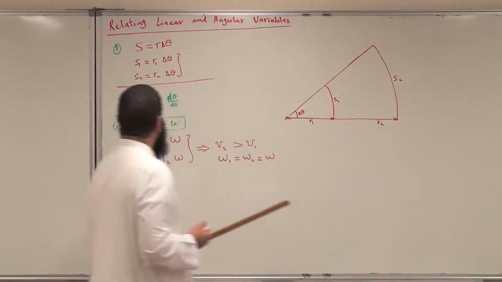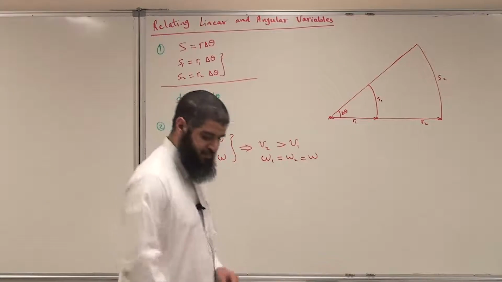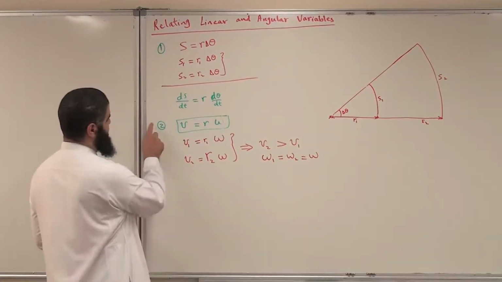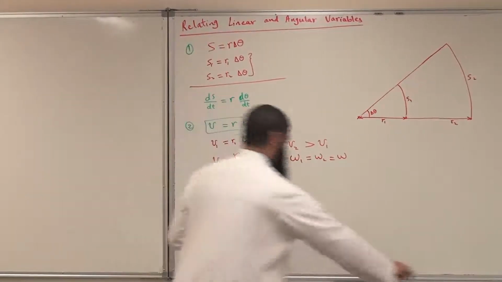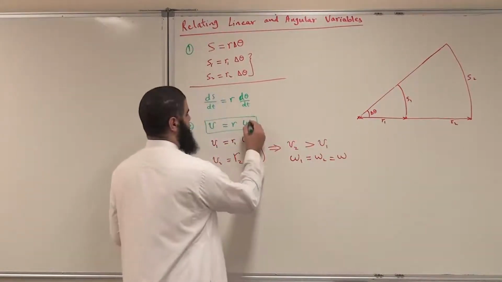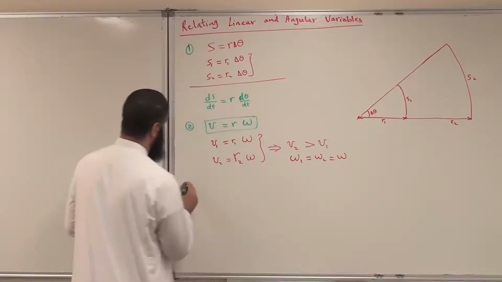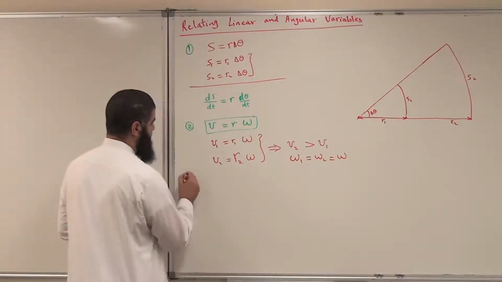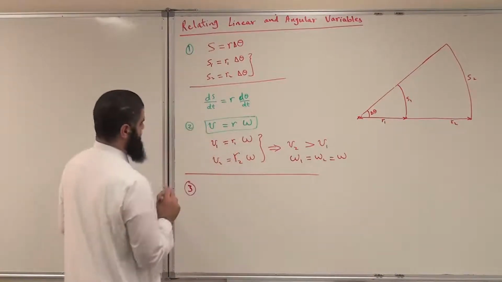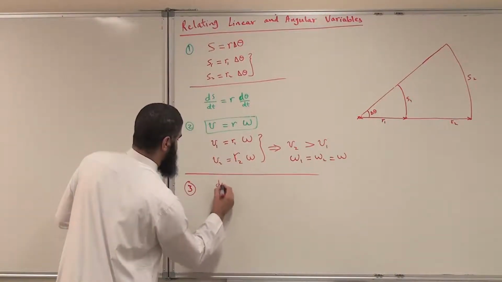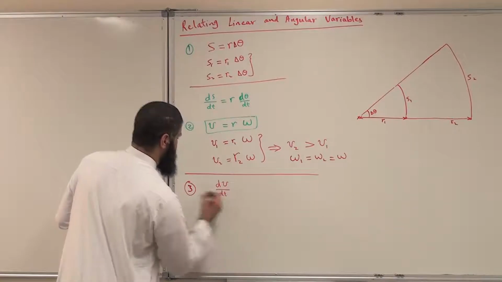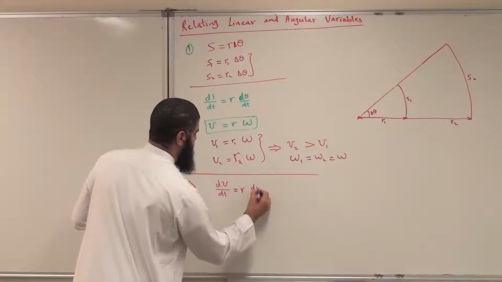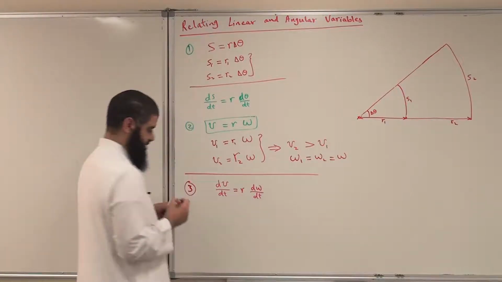Let us take one step further and take the derivative of this equation number 2. Let me rewrite this one. Number 3, I'll take the derivative of equation number 2. So I would like to go dv by dt equals r d omega by dt.